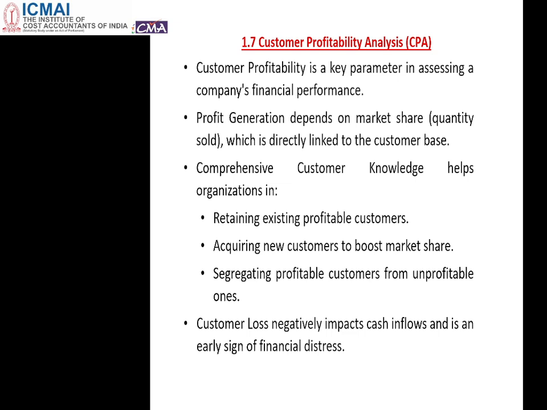Then another column is credit enhancement rating. So long term CE instruments rating category: CRISIL AAA CE, CRISIL AA CE, CRISIL triple B CE, and so on and so forth.